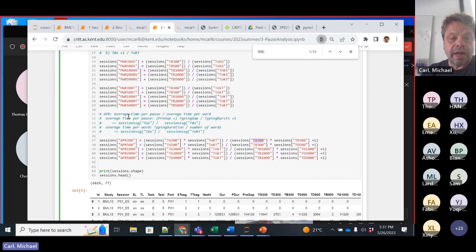So the average time per pause would be this here: the total duration of the pauses divided by the number of pauses. And this divided by average time per word, which would be the typing duration. So this then realizes a version of this kind of formula.